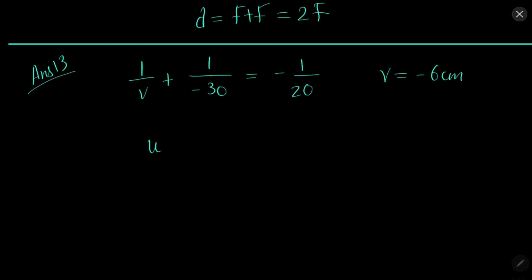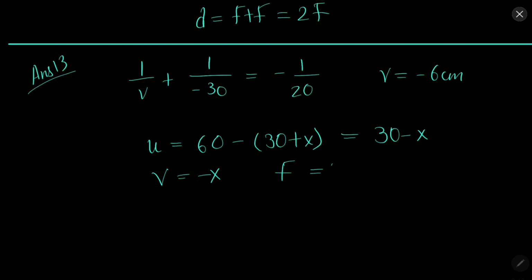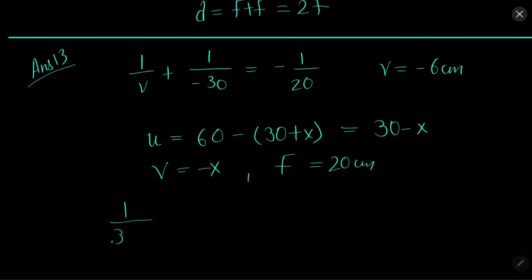And for the second reflection, u equals 60 minus 30 plus x, that is 30 minus x, and v will be minus x, and f will be 20 centimeter. So in this case we will have this, which will give us this.